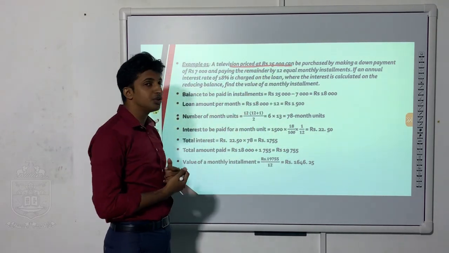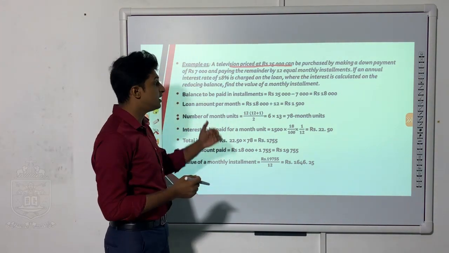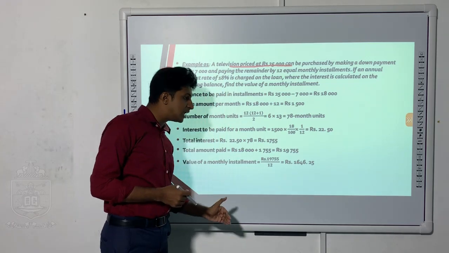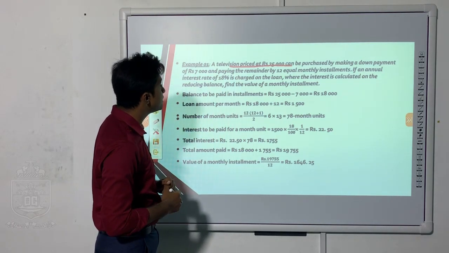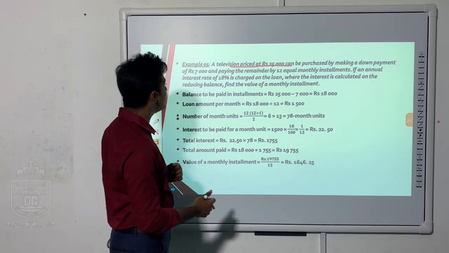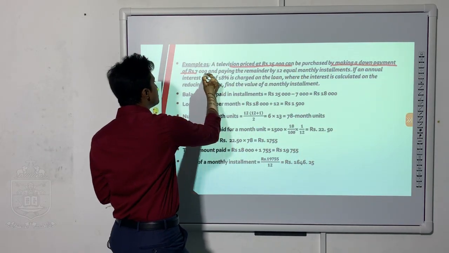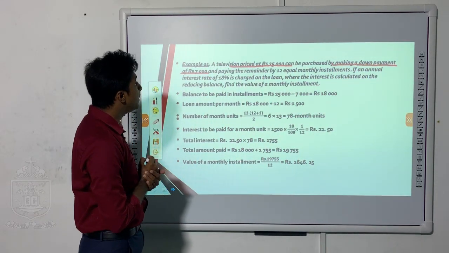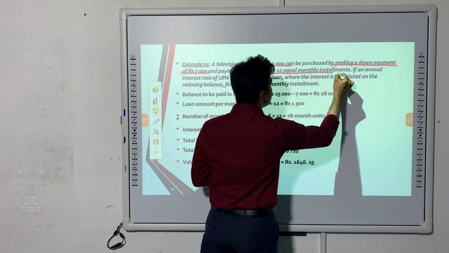Whatever is important in a question, learn to highlight it during the paper, then it is easy to put the values into the formula. A television priced at rupees 25,000 can be purchased by making a down payment of rupees 7,000, and paying the remainder by 12 equal monthly installments.